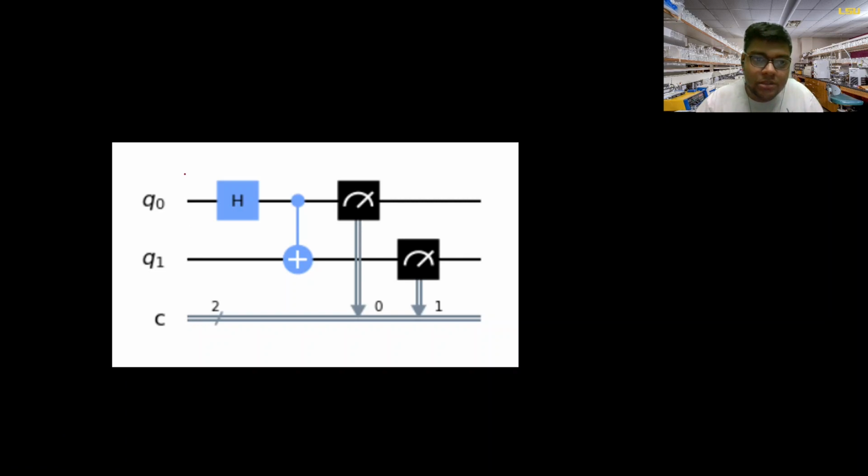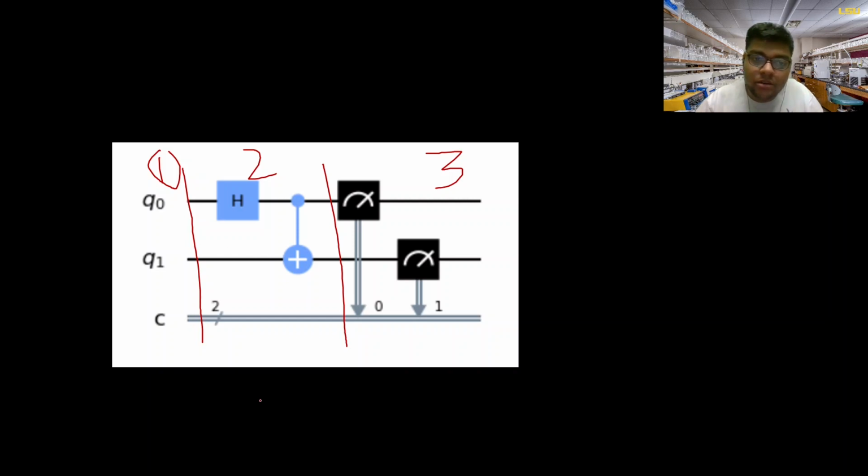When you talk about a quantum circuit, it can be divided into three parts. I mean, here only two are visible. This is the first, this is the second, and this is the third. In the first stage, you prepare the initial state of your qubit. By default, the qubits are in the zero ket state.